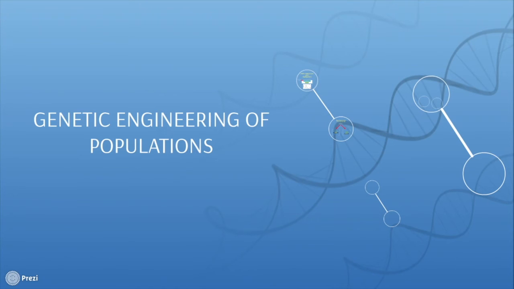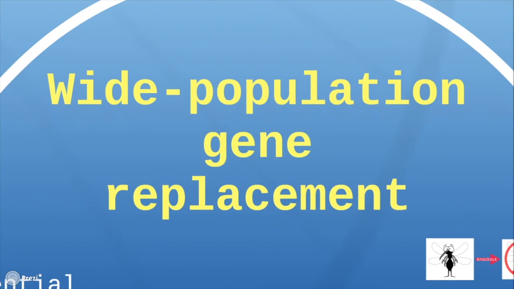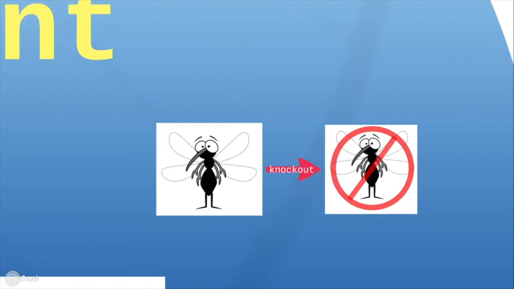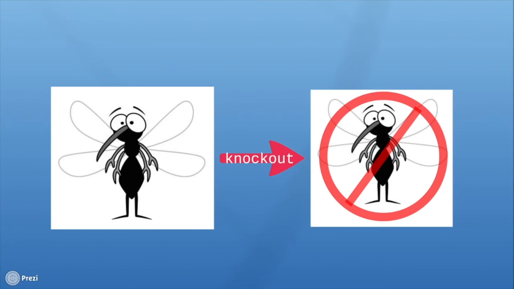We will take now into account the genetic engineering of populations. When we talk about whole population gene replacement, we suggest the possibility of just modifying some aspects of our essential gene instead of knocking it out and therefore provoking the death of the organism. We can take into account the example of the mosquito. Let us imagine that the gene in charge of transmitting malaria is essential for its life.